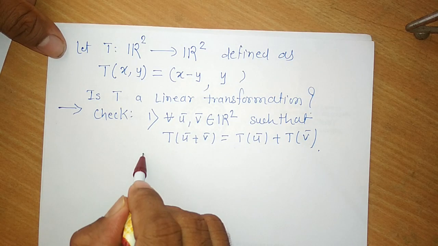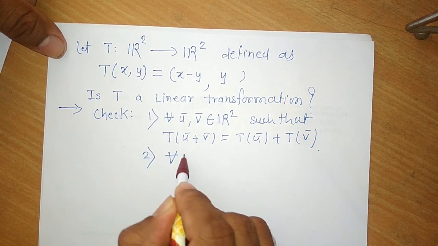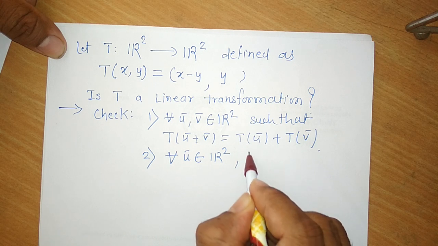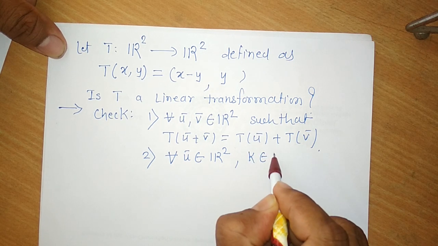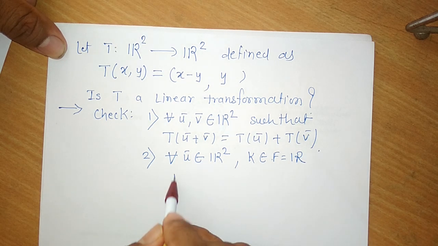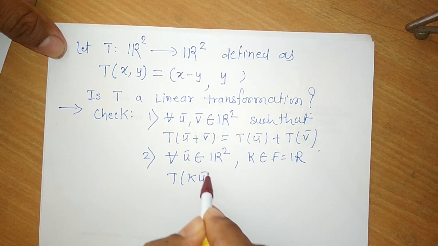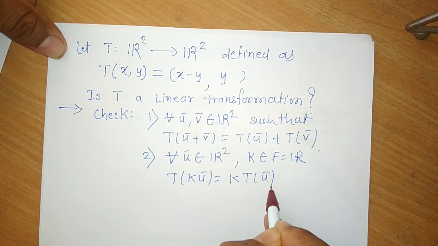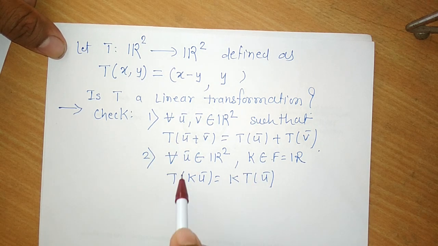And the second condition is: take any vector u bar in the domain R raised to 2 and any scalar k belonging to the field, suppose the real numbers, such that T of k u bar is k times T of u bar. So we have to check these two conditions.